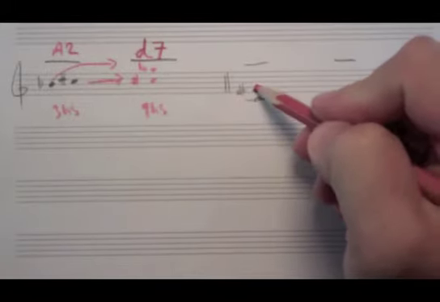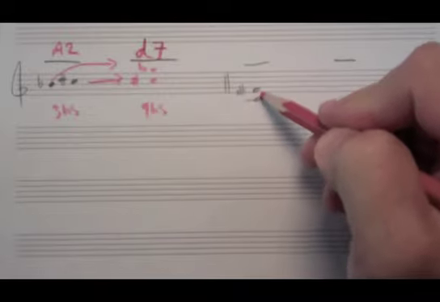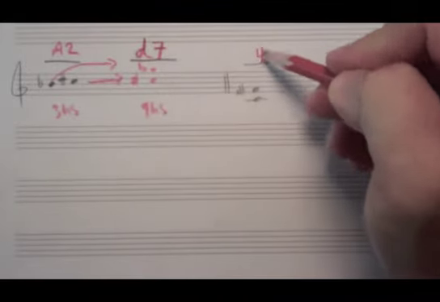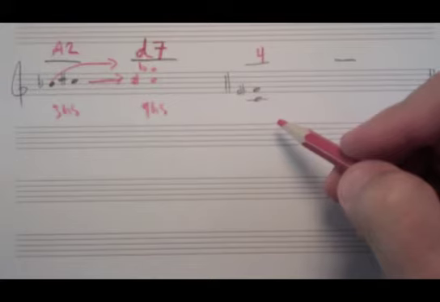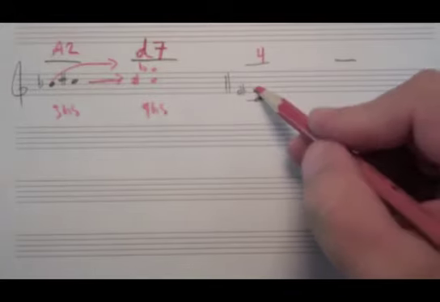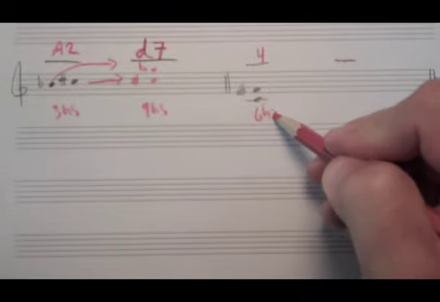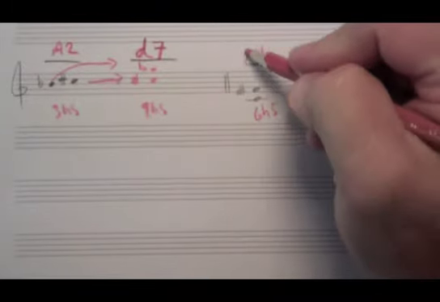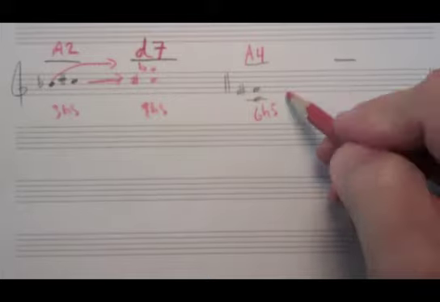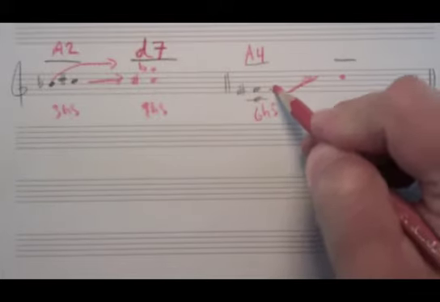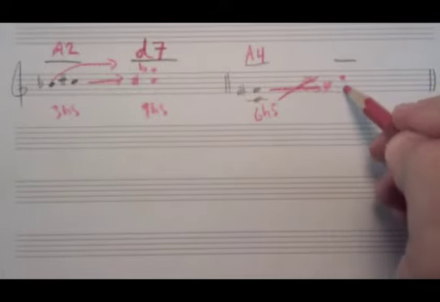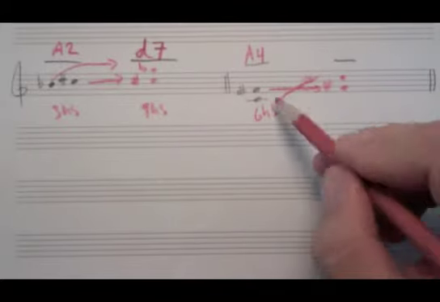Last one, C to F, C, D, E, F, 1, 2, 3, 4. Count it out on the piano, half steps, 1, 2, 3, 4, 5, 6, sorry, F sharp. 6 half steps, which gives us an augmented fourth. C goes up, F sharp goes across.